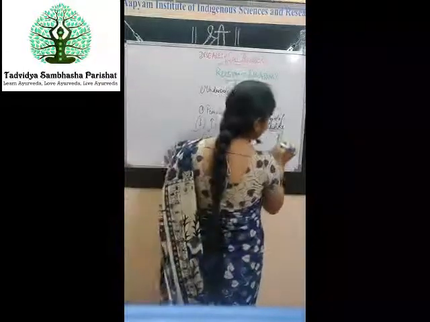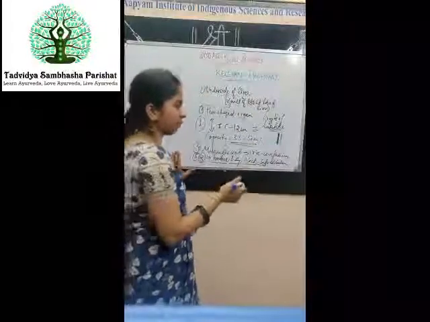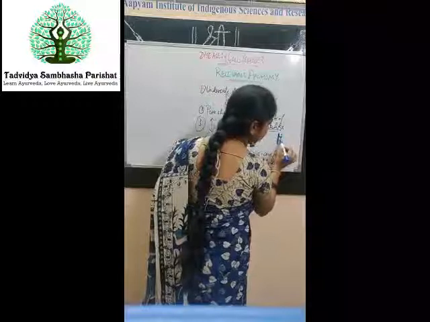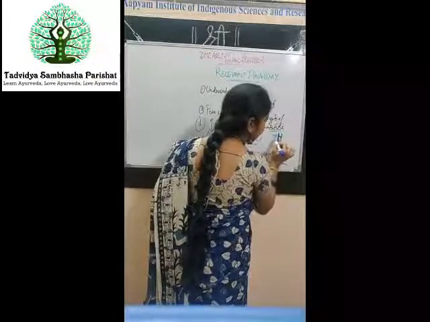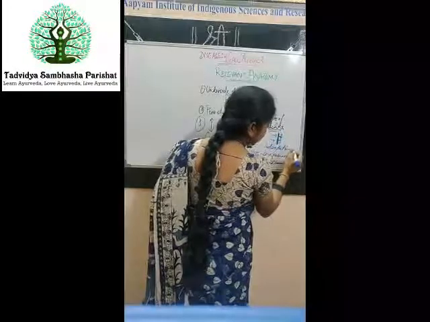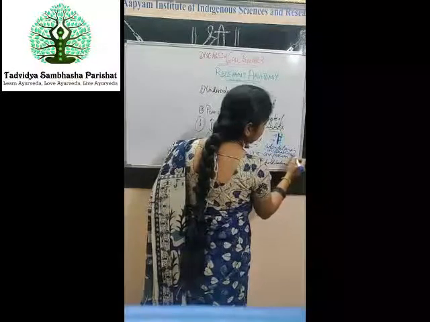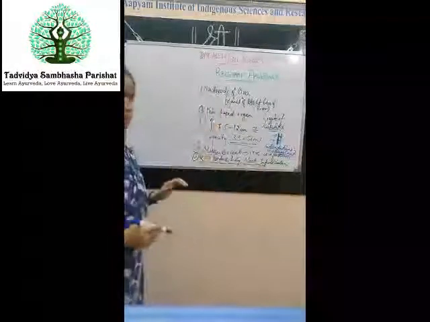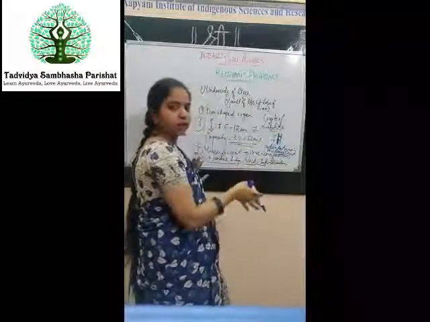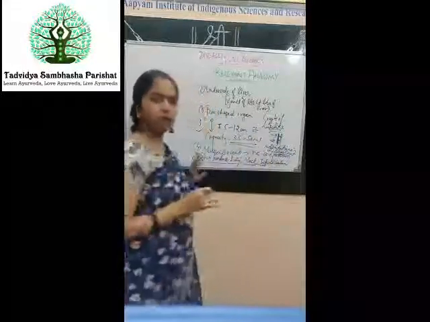The crypts of Luschka are at certain places in the body of the gallbladder where the mucosal layer sinks inside towards the muscular coat. They are found as indentations in the mucosal coat. At many places, this mucosal layer dips into the muscular coat, and those indentations are called crypts of Luschka.